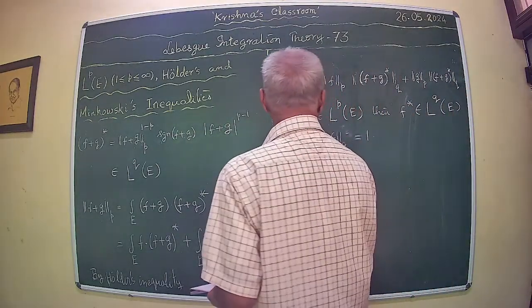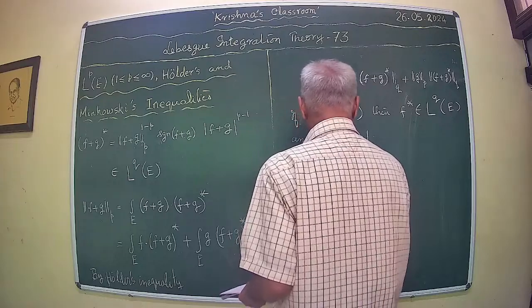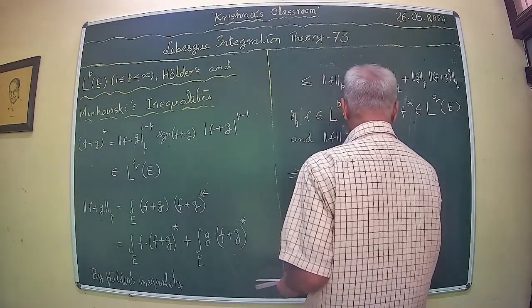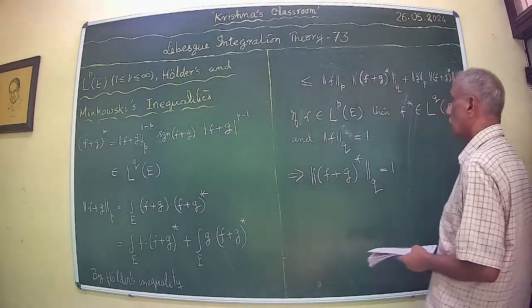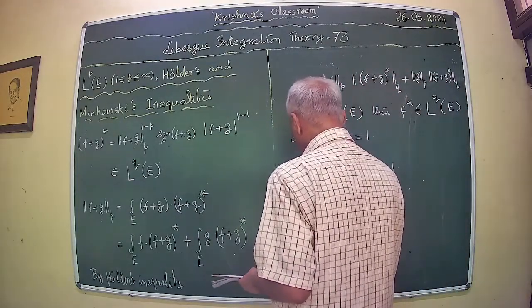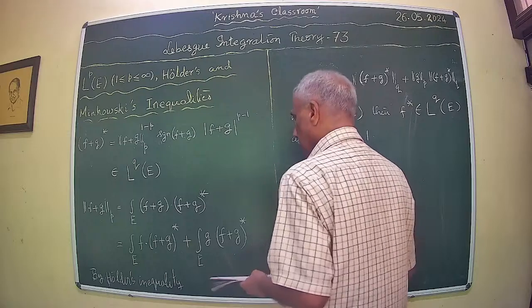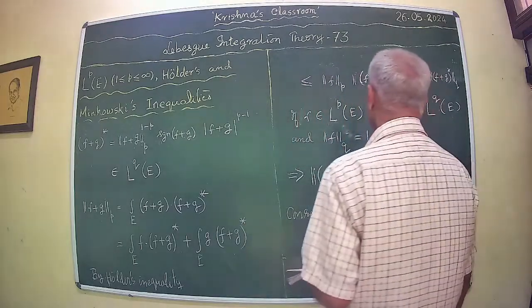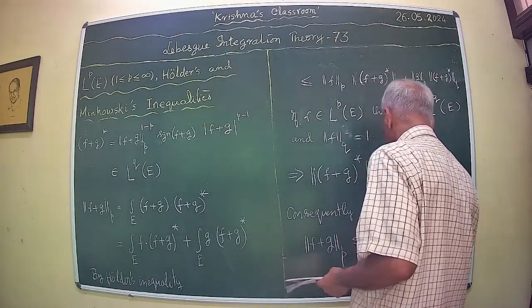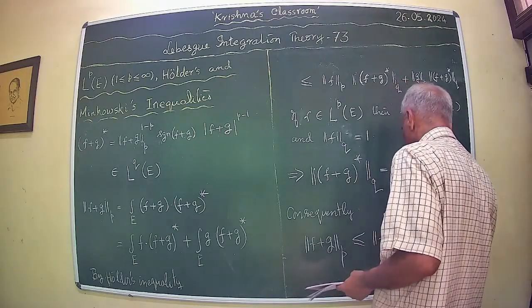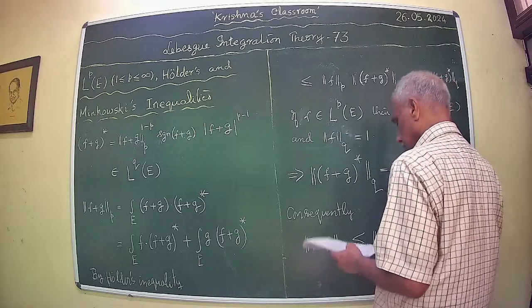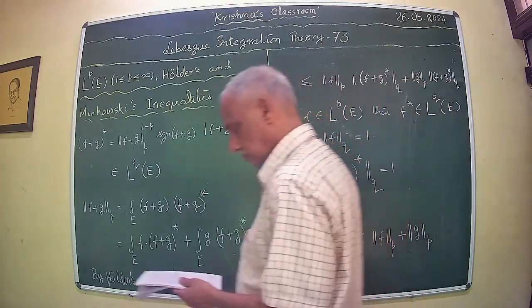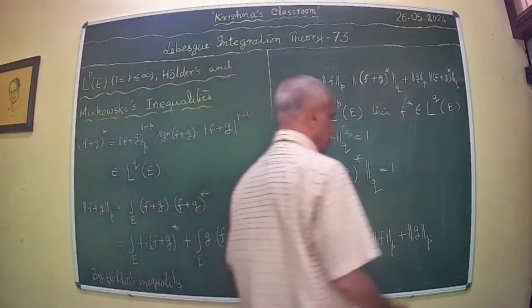Therefore, which implies, consequently, norm of F plus G is at most norm of F plus norm of G, so that completes the proof of the Minkowski.